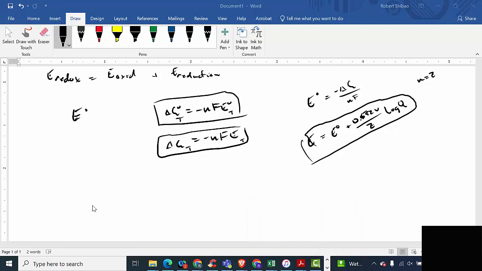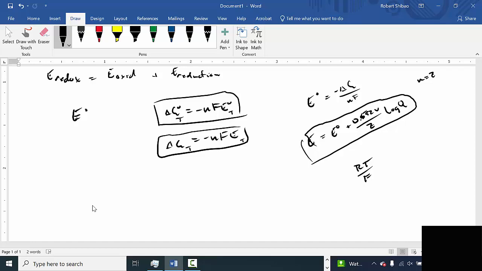If we ever forget, it's not hard to derive, because do you know where that number comes from? That comes from R times T divided by F. It comes from RT over F. So we can figure out what it is.